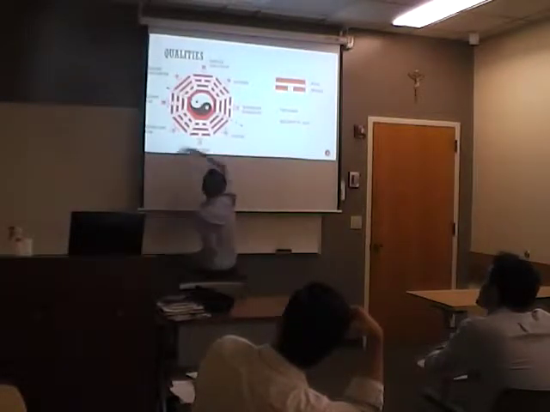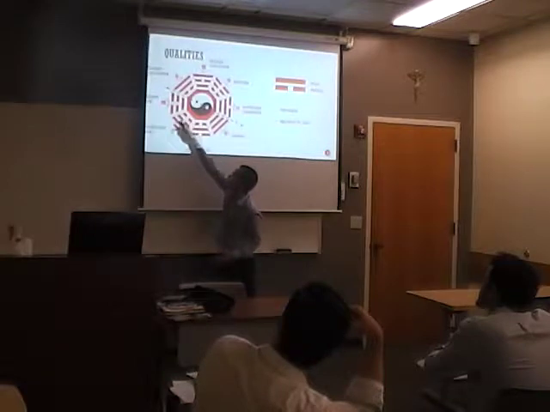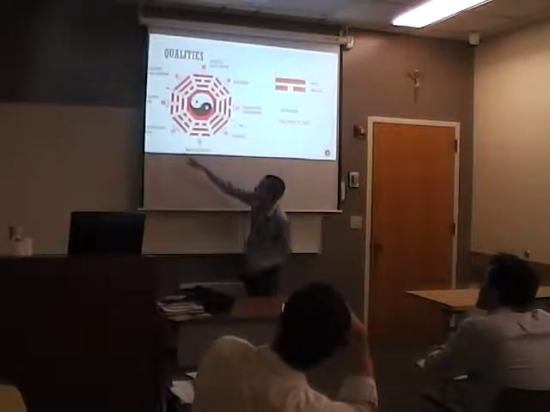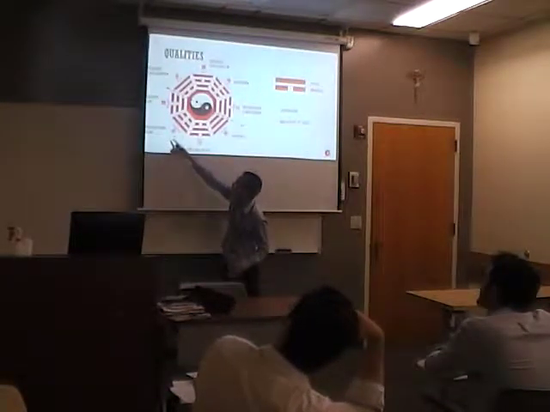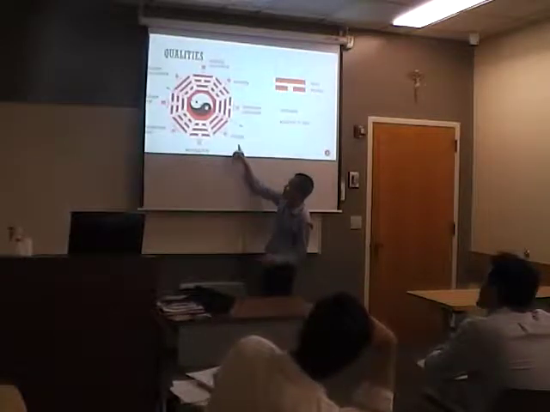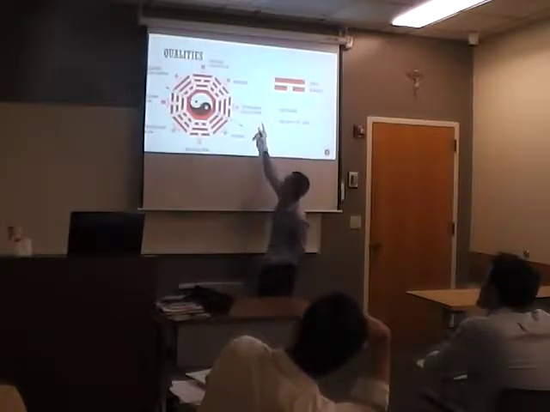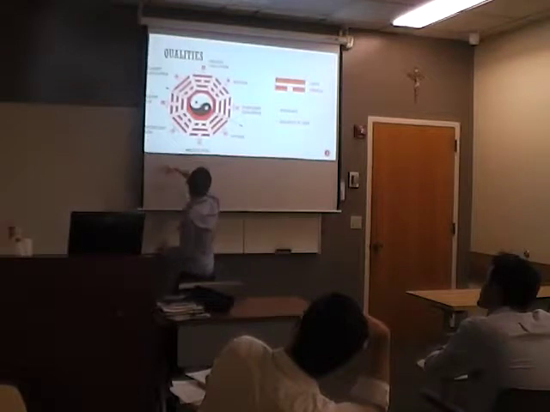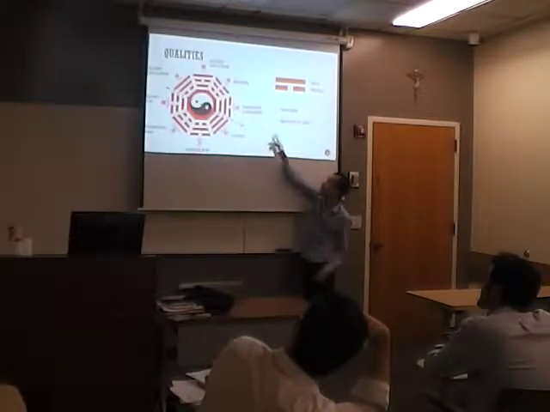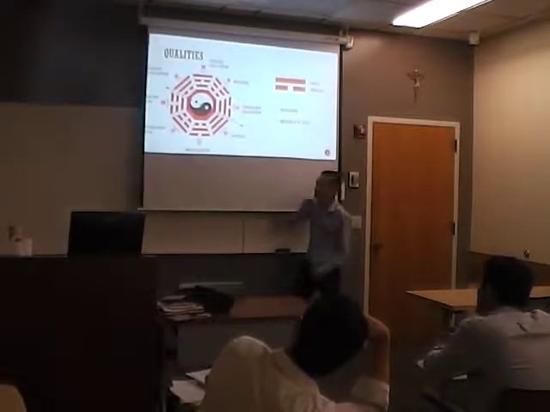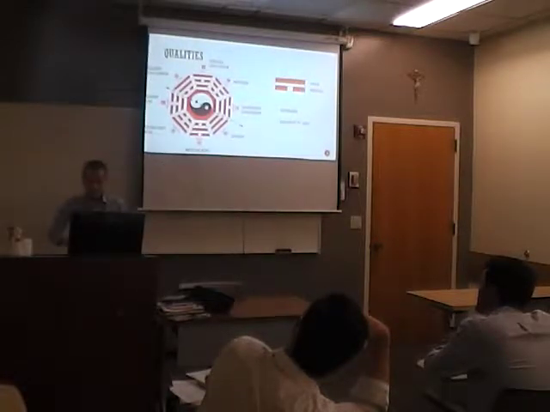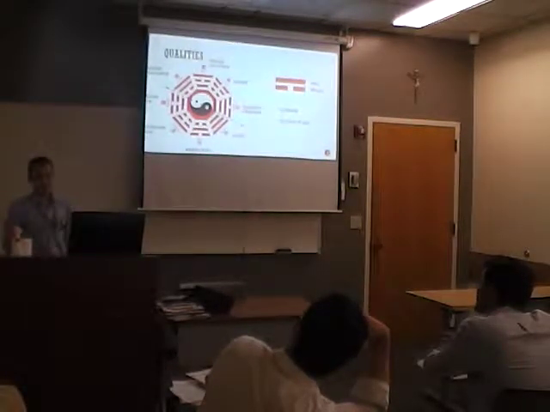Look, this side is all male: the eldest son, the middle son, and the father. And the other side is the youngest daughter and mother. That's why this symbol is balanced in line. And some other things are the same.